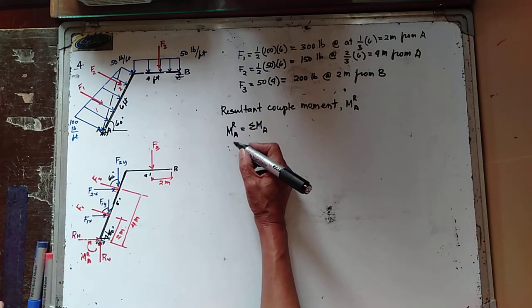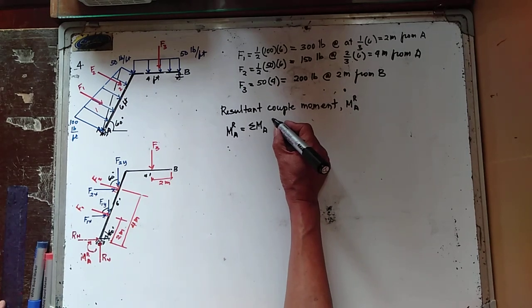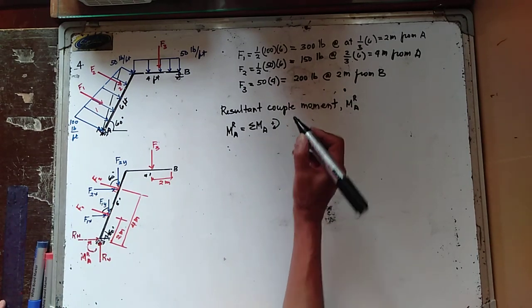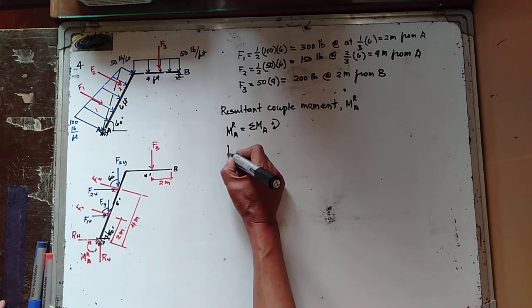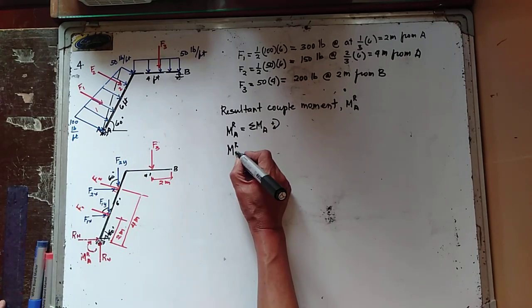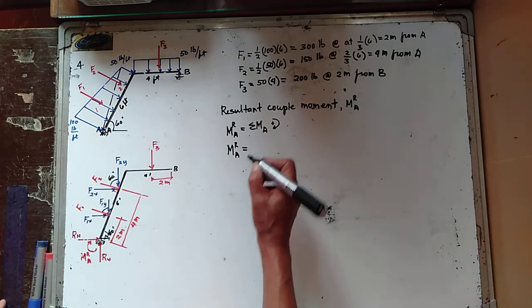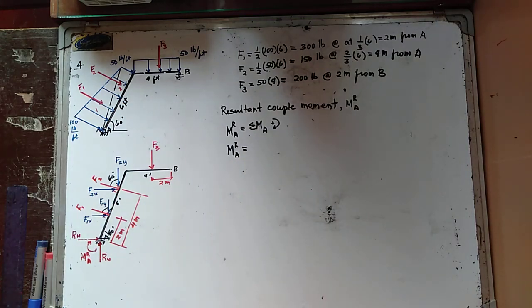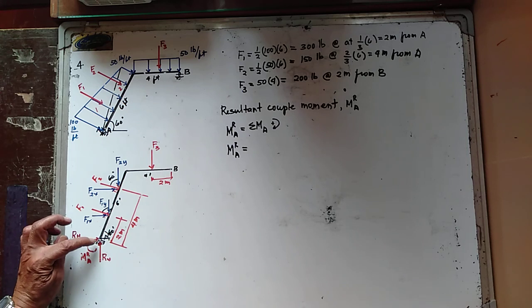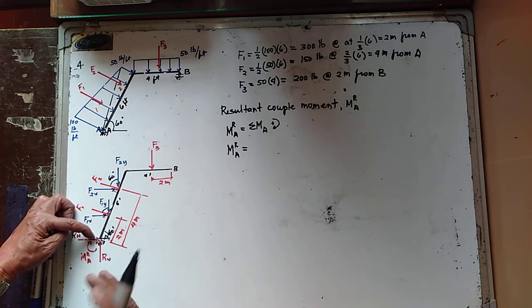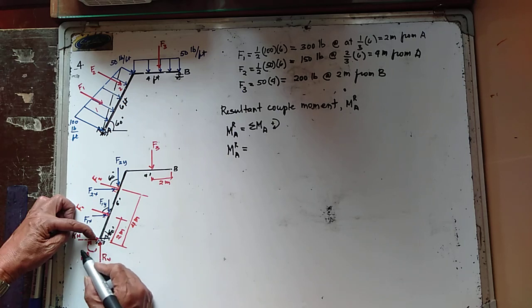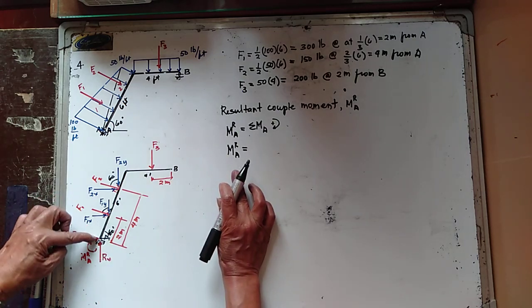At this time, I am going to consider clockwise moment positive. So the resultant couple moment is now equal to the summation of moments about point A. Our vertical and our horizontal are acting at point A, so they have no moment. So we have MRA, and we assume clockwise moment is positive.